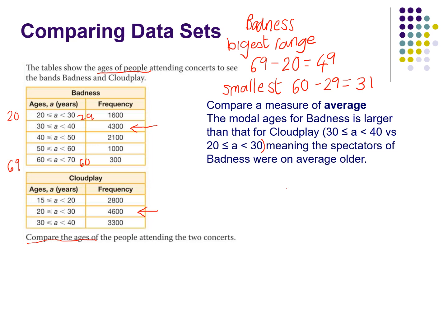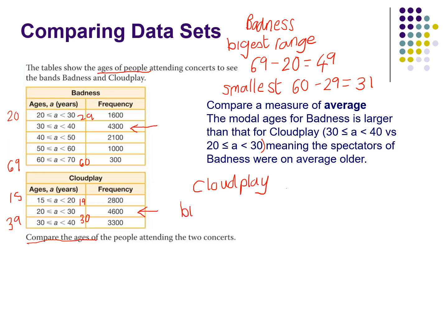Now, if I do the same for cloud play there, if I look at my biggest range, it goes from 15 up to 39, and if I look at my smallest range, it's going to go from 19 up to 30. So for my cloud play, see the play on words here, very funny.